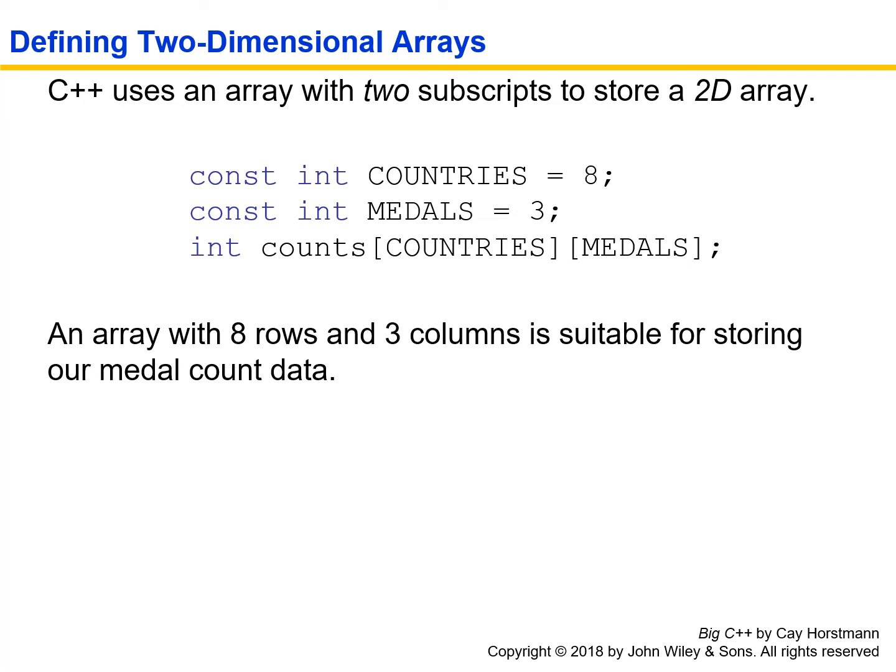So if we want 8 countries and 3 medals, we would define our two-dimensional array as counts at rows, which is 8, by columns, which is 3. So that gives us 8 rows by 3 columns.